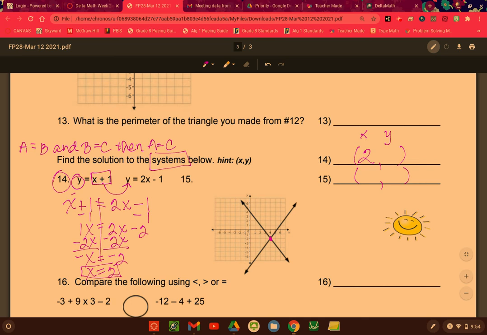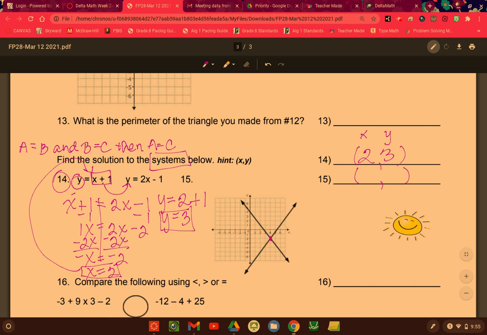So x equals 2 is going to go right back in here. So y equals 2 plus 1. So y equals 3. So I need both of these. So when x equals 2, y equals 3.